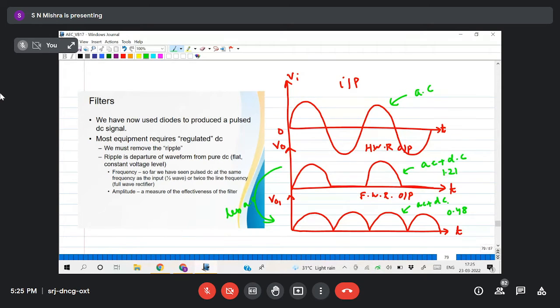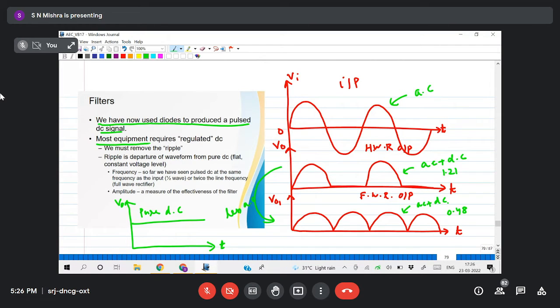Now, the actual requirement of my rectifier is a constant output, which is this one. Okay, this is pure DC. Pure DC. So what is it in here? We have now used the diode to produce a pulsating DC signal.